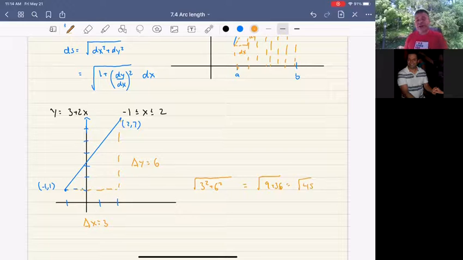Okay, now I did that, but I also want to show you how the integral shapes up. Okay, so the integral is going to be, so let me write by Pythagorean theorem.